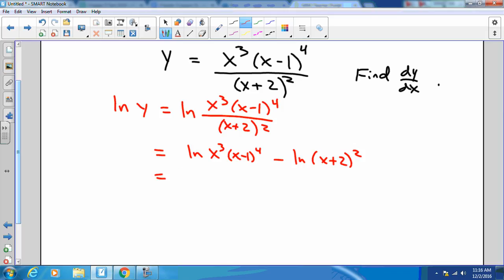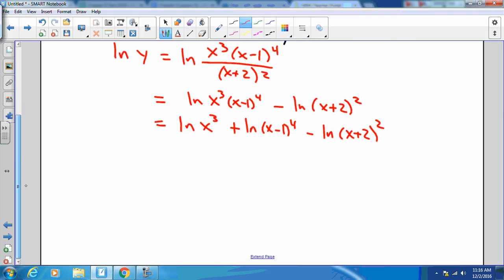And I've got a nice product sitting right there, so I can rewrite that as ln of the first plus the ln of the second. And then I've got three nice juicy powers sitting right in front of me, so I can rewrite those as power times the log each. And I've got the whole thing decomposed.